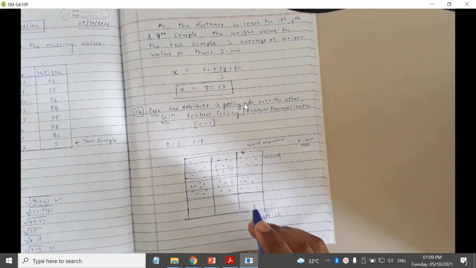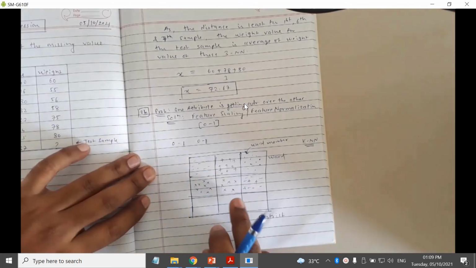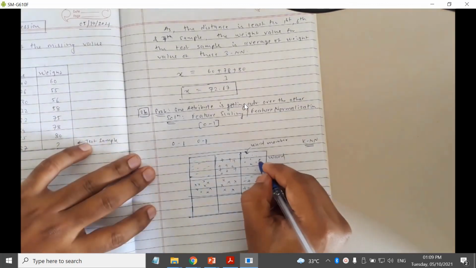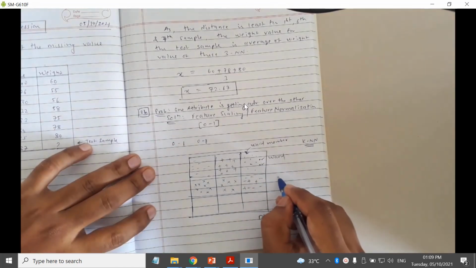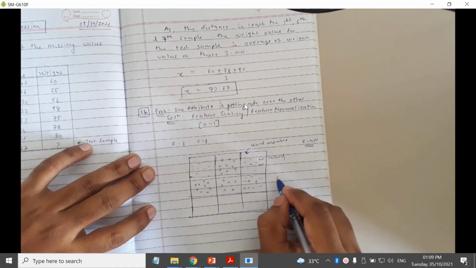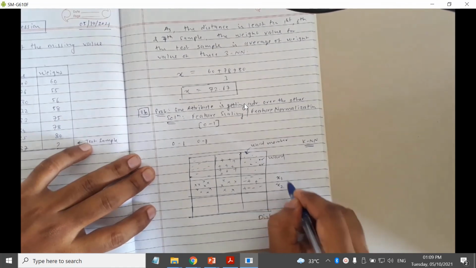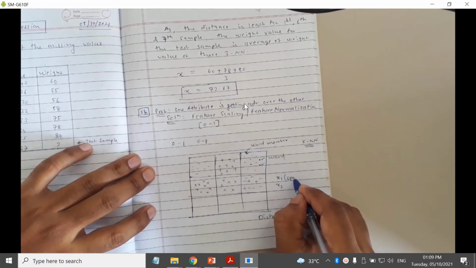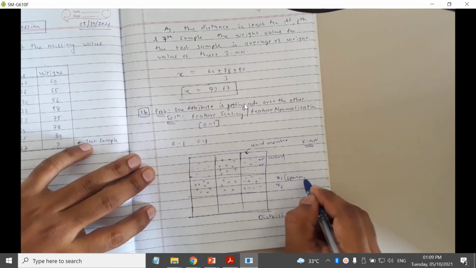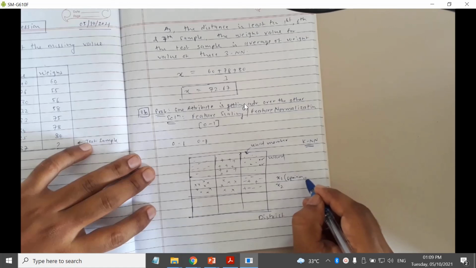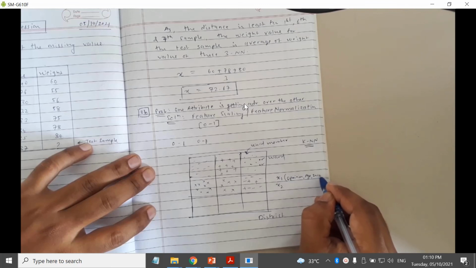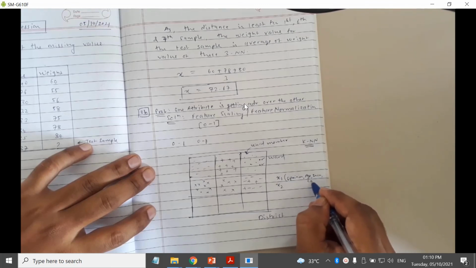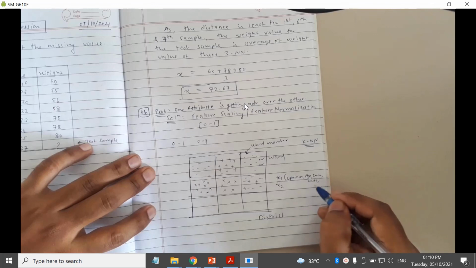The second point is that I can explain the curse of dimensionality from the same example. Consider this is me and my neighbor. We will have different features. So this is me, x1 and x2. Let's say the first attribute is my opinion about my ward member. The next attribute is my age, then my income, then my caste, and so on.